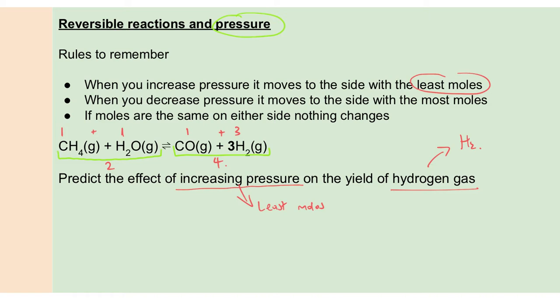So first thing I wanted to spot then is that the least moles is on the left. So first thing I'm going to do is my equilibrium shifts to the left-hand side where there are fewer moles.